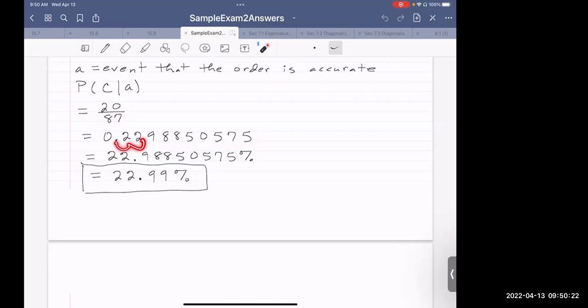Let me move my decimal place 2 places to the right: 22.98850575%. Rounding to the nearest hundredth of a percent, 22.99%.